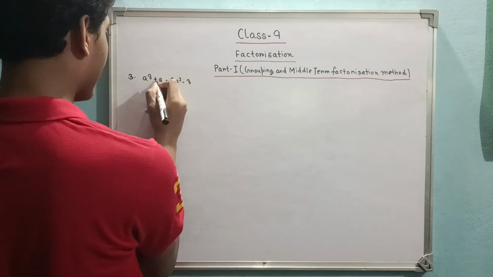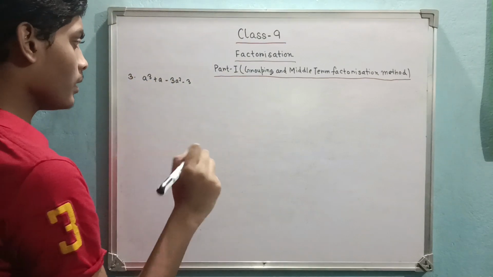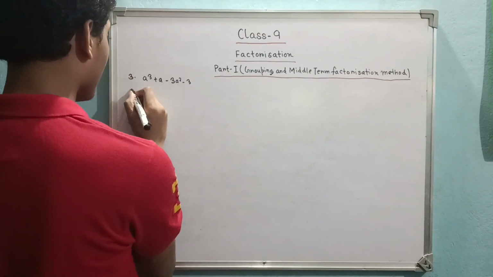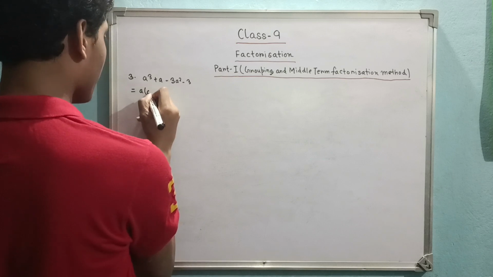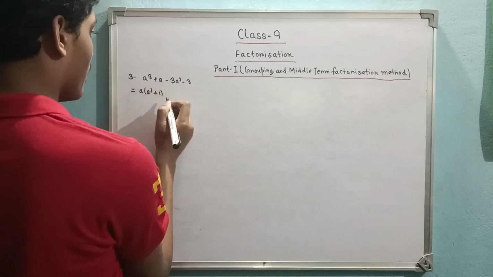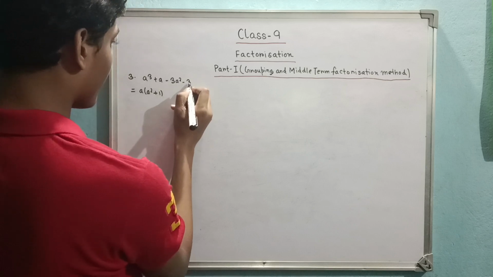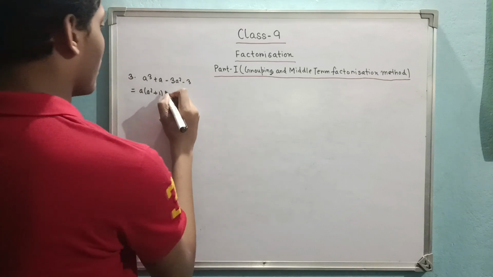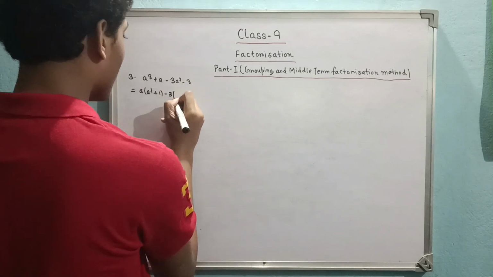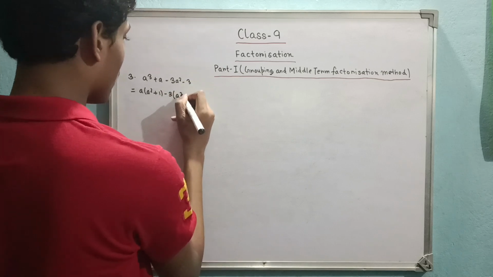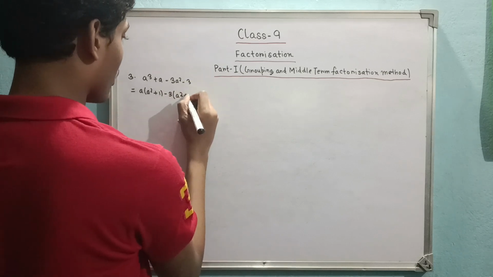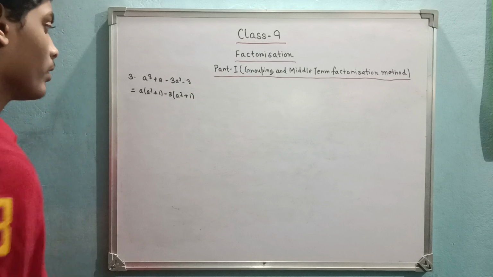So here in this a cube plus a, what do we have common? It is a. This will be a into a square plus 1, right? And in this minus 3 square minus 3, we have minus 3 common. This will be minus 3 into a square plus 1. We got this.